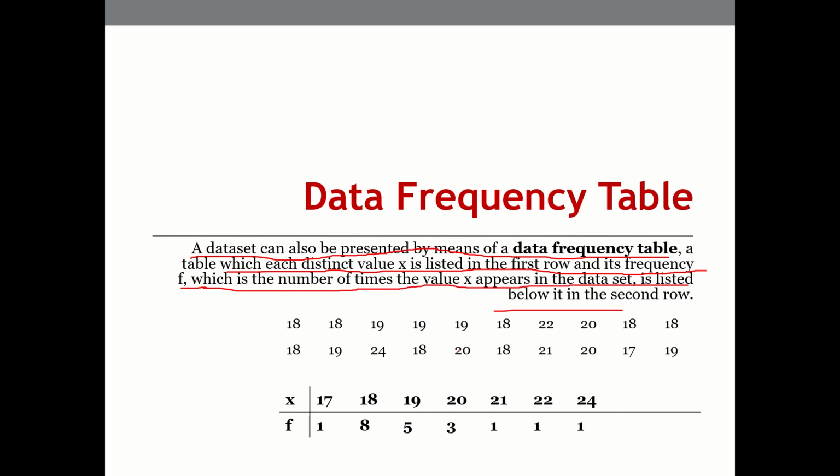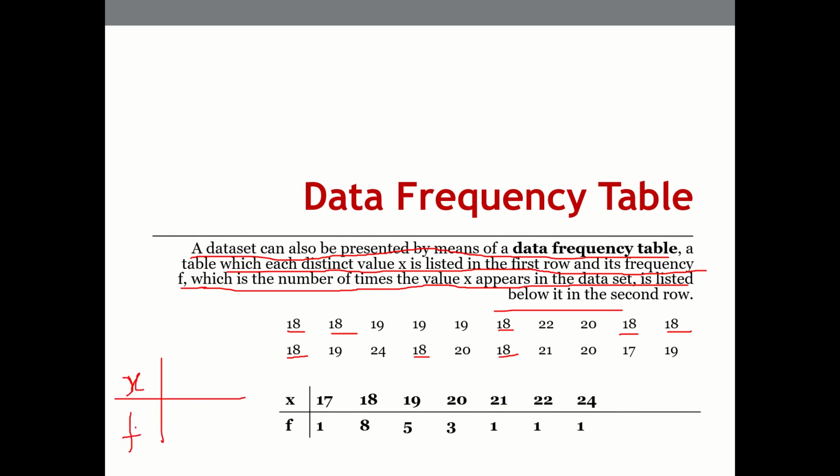For example, let us say we have only 20 samples, so we are able to quickly do this. Let's say we have these numbers. What we do is create a frequency table, f of x.